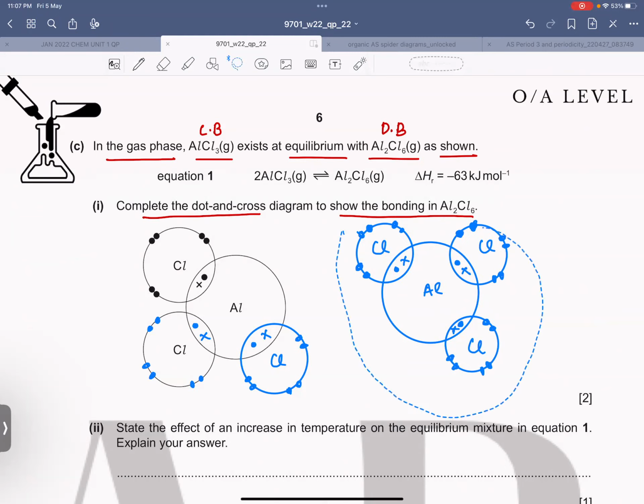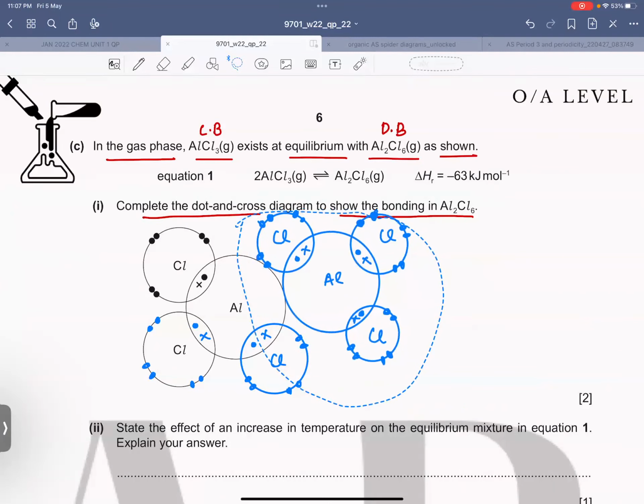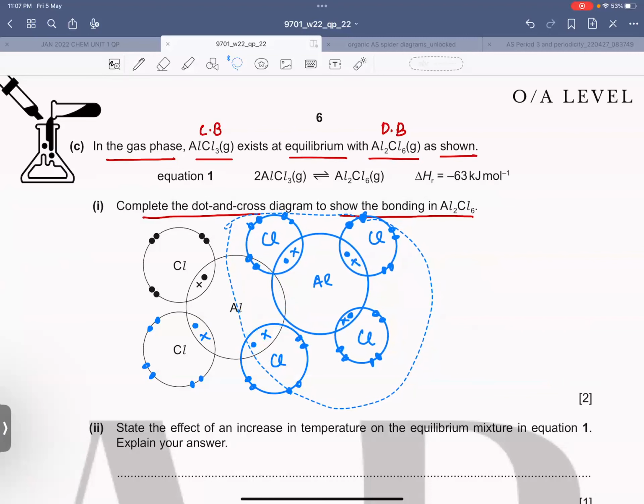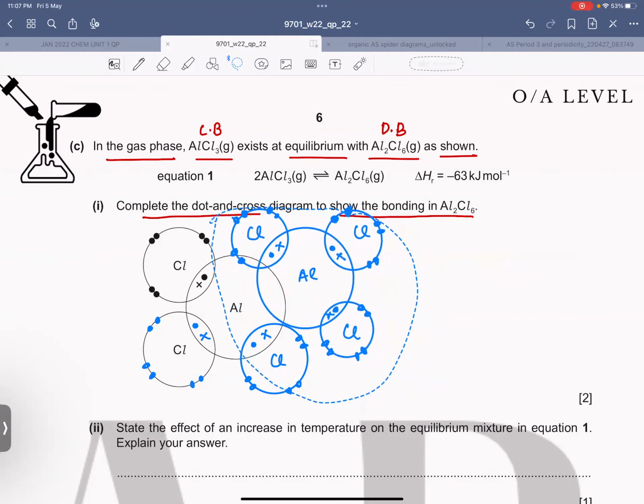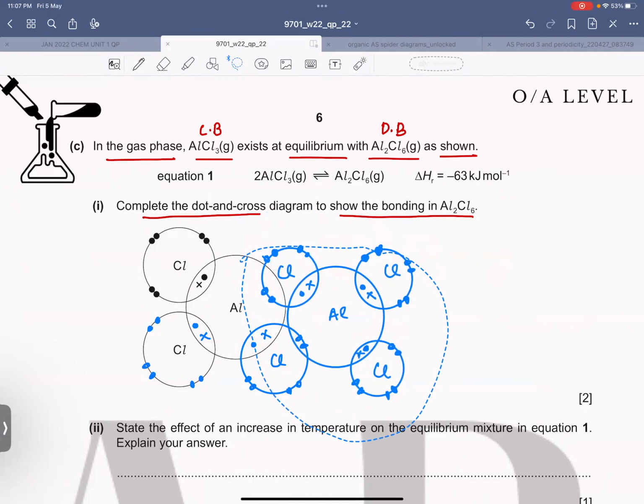They ask you to show the bonding in aluminium chloride Al2Cl6. So what would happen actually over here? It would happen like this.